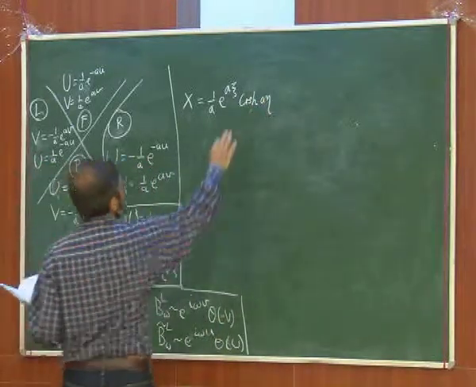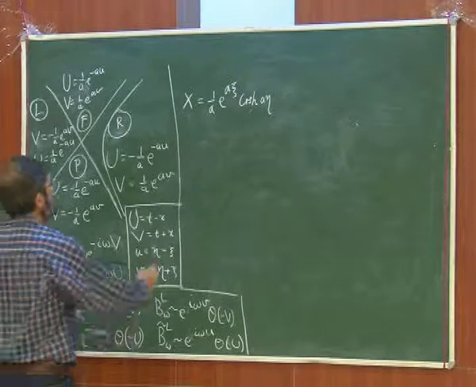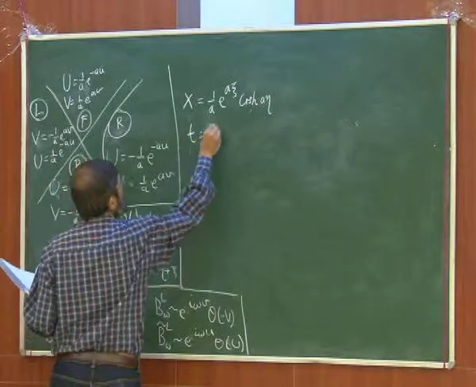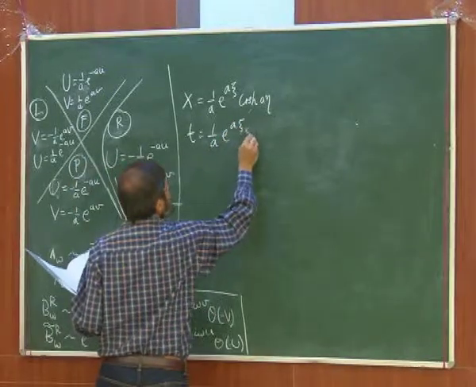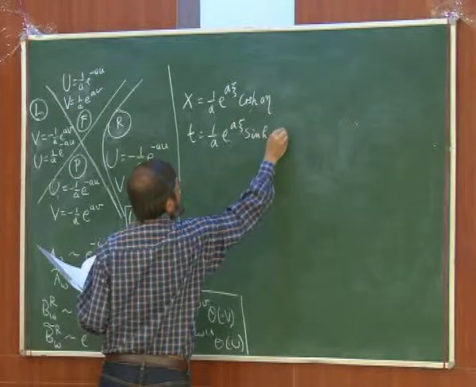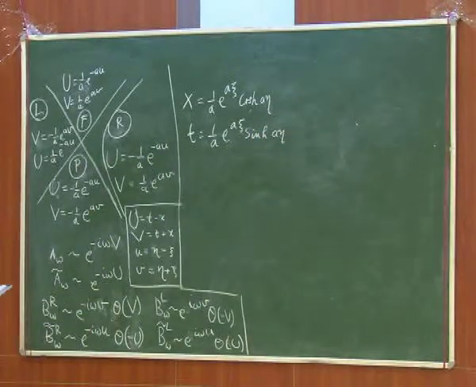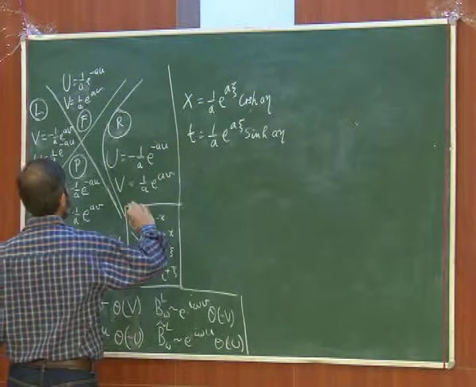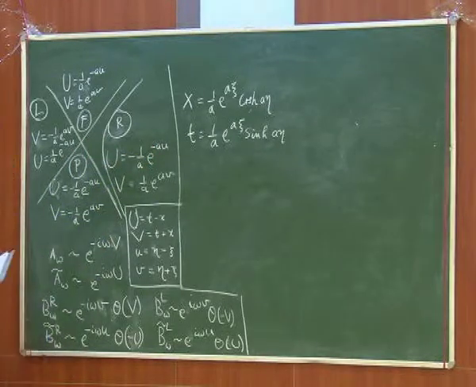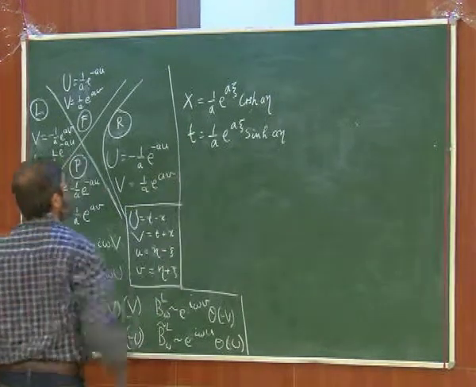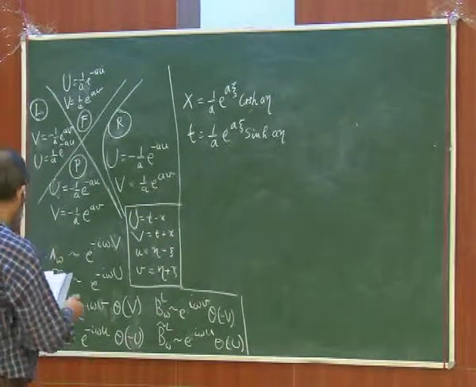I'll write sometimes Cosh and sometimes just CH out of laziness. So these will be the family of observers on the right side. These right-sided hyperbolas will be these, and similarly there will be left-sided hyperbolas with minus signs, with x negative.